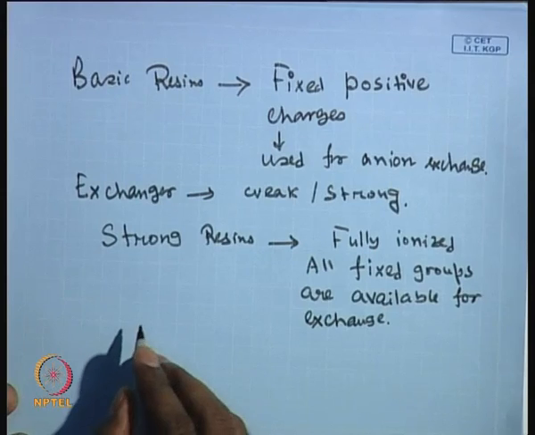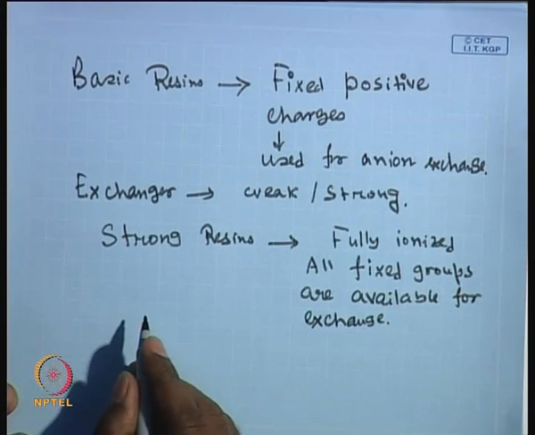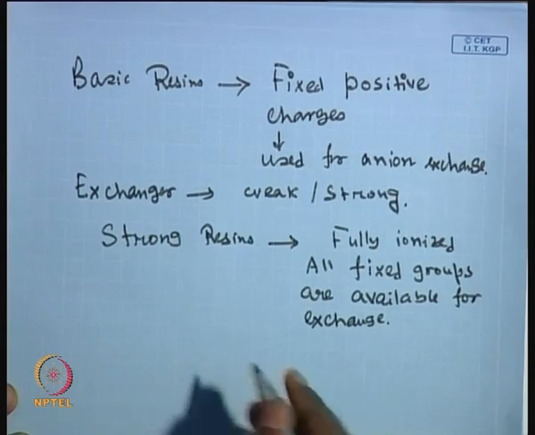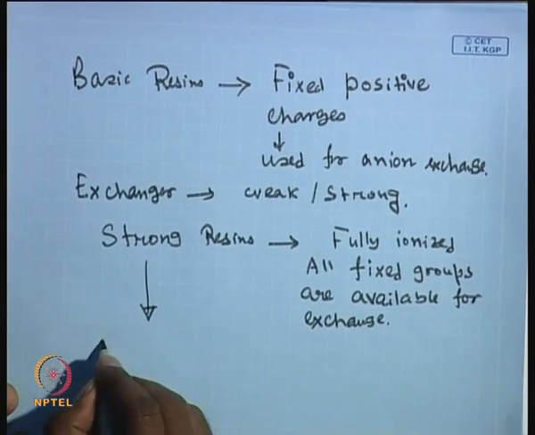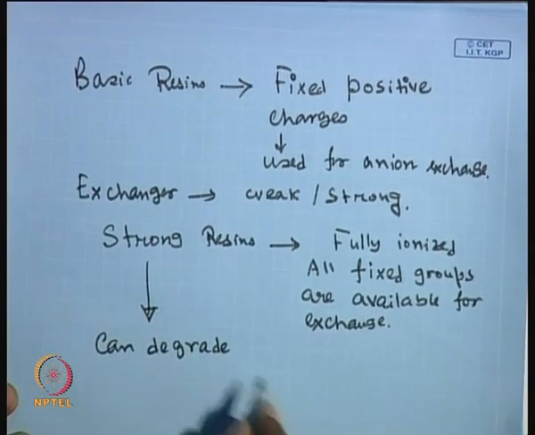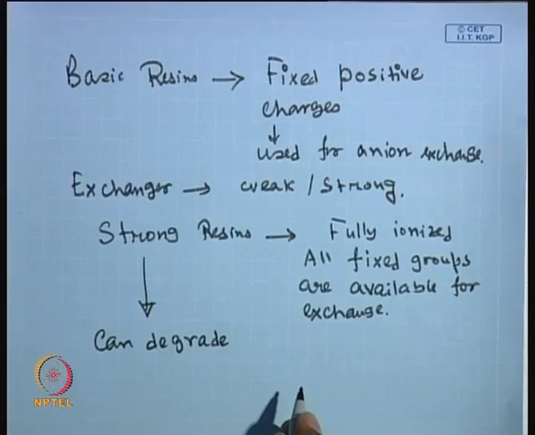On the other hand, strong resins can degrade at higher pH and temperature, that is also a disadvantage. Because they are fully ionized, they can degrade at extreme pH conditions. Okay.